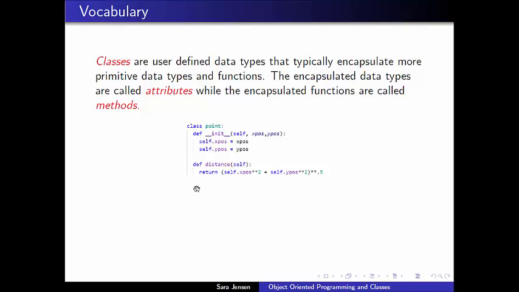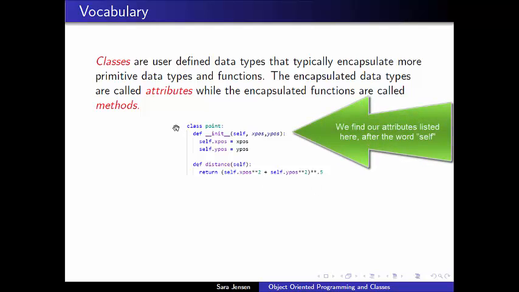Now, a point consists of two different atomic data types, both of which we'll think of as floats: the point's x position, or x coordinate, and the point's y coordinate, which we call y position. So the two attributes of the point class that I've defined here, again ignoring the syntax, are an x coordinate and a y coordinate. I'm defining a new data type called a point. It consists of two encapsulated floating point values.